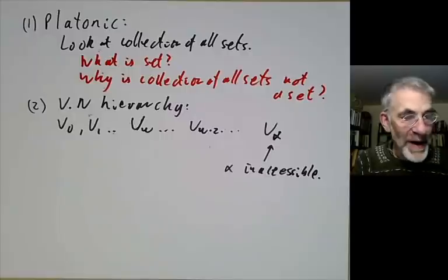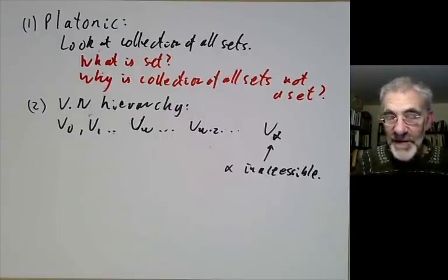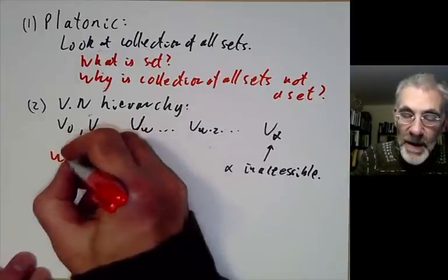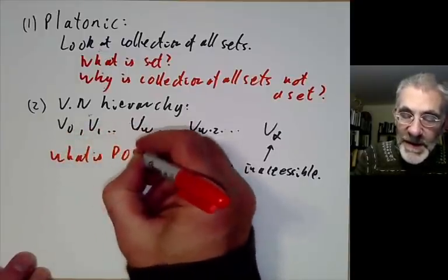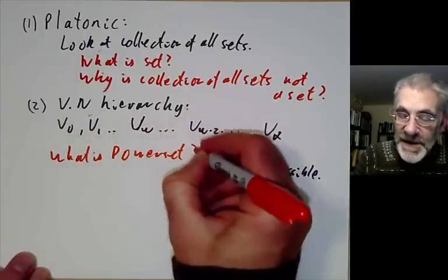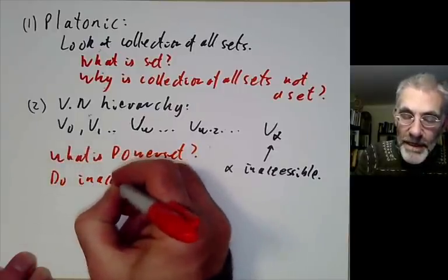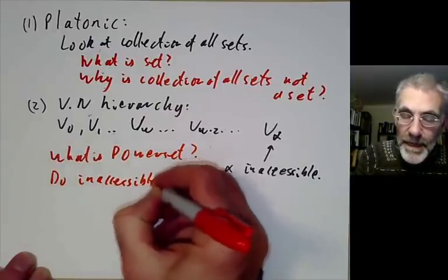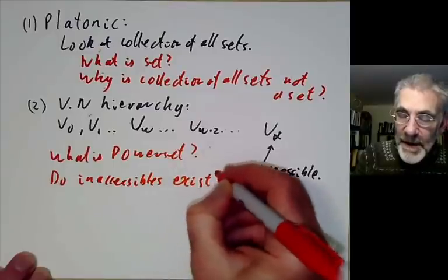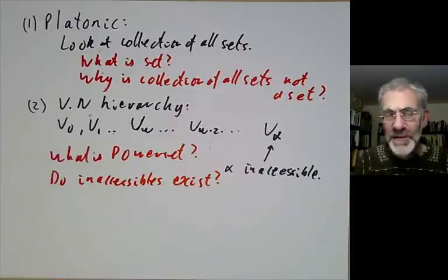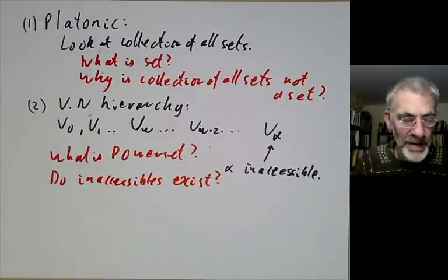So the von Neumann hierarchy does actually give you models of set theory, except for two little problems. What is the power set of an infinite set, and do inaccessibles exist?